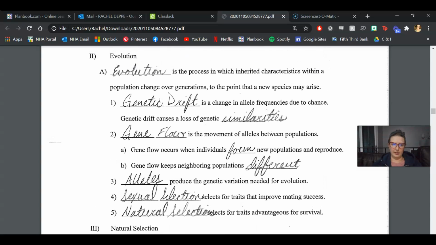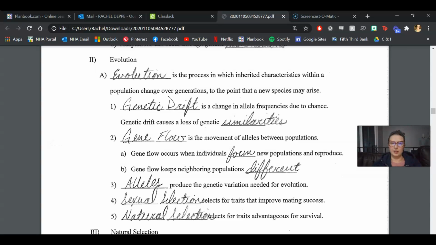So basically what all that is saying is that over time, we talked about those mutations, so that means that there's some slight change in the way that information is copied from a parent to their offspring. So over time, those small changes can add up and cause a population to shift.